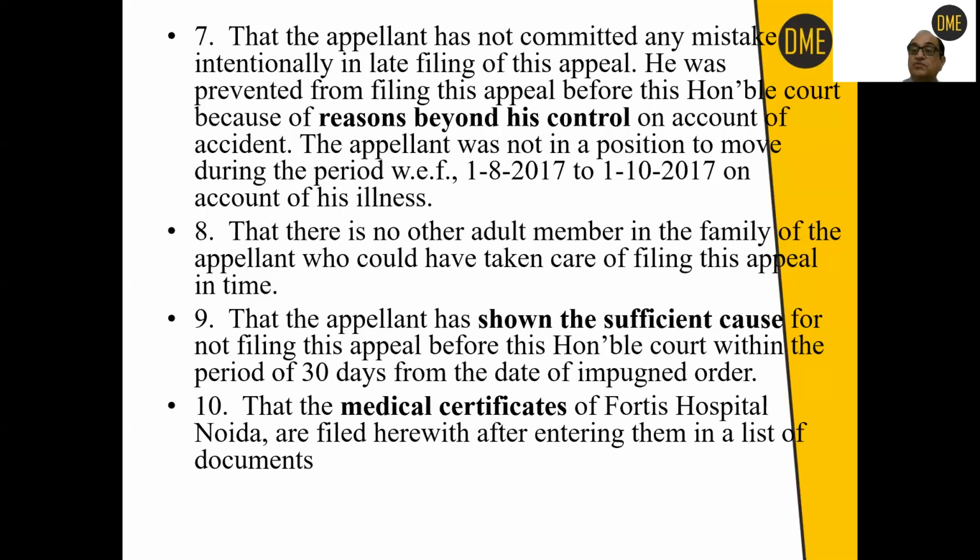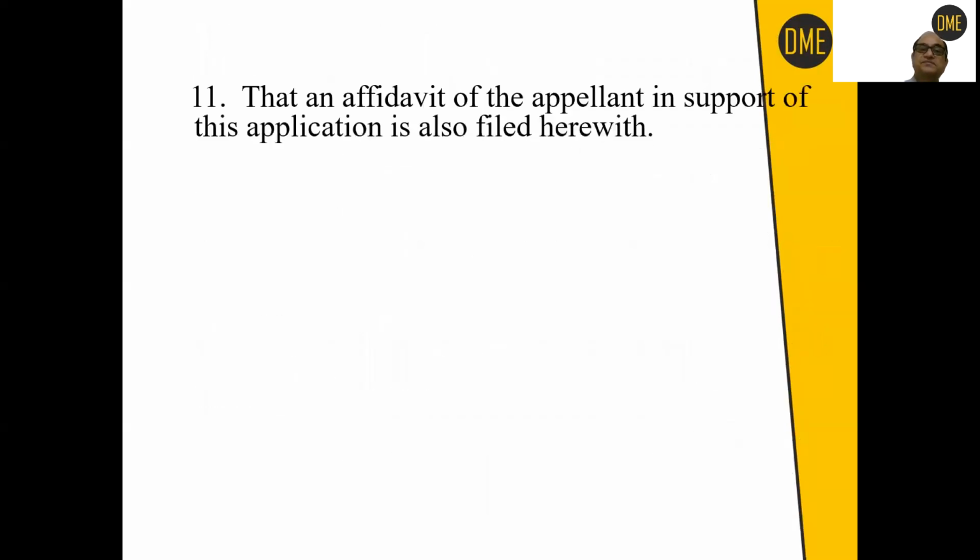Now, what are the proofs? What is the evidence of your accident? What is the evidence of your illness? What is the evidence of your confinement to bed in the Fortis Hospital? You will have to mention. So para 10 says that the medical certificates of Fortis Hospital Noida are filed herewith after entering them in a list of documents.